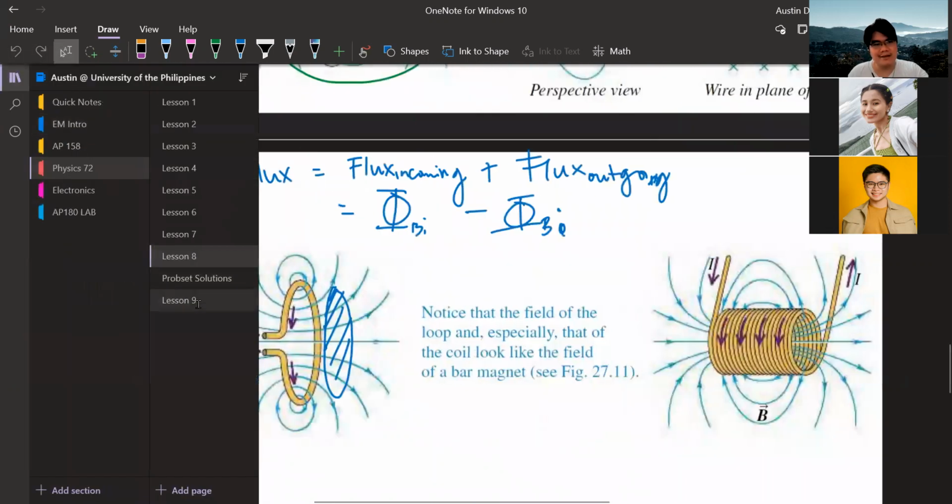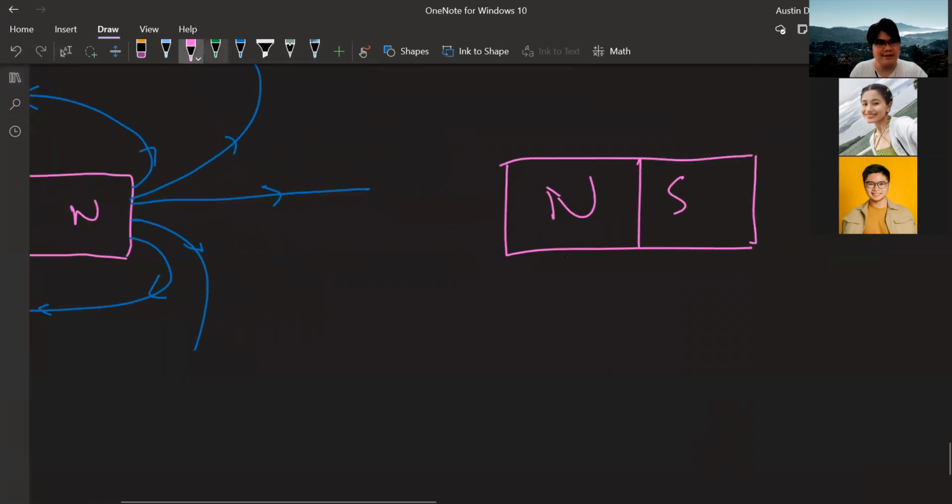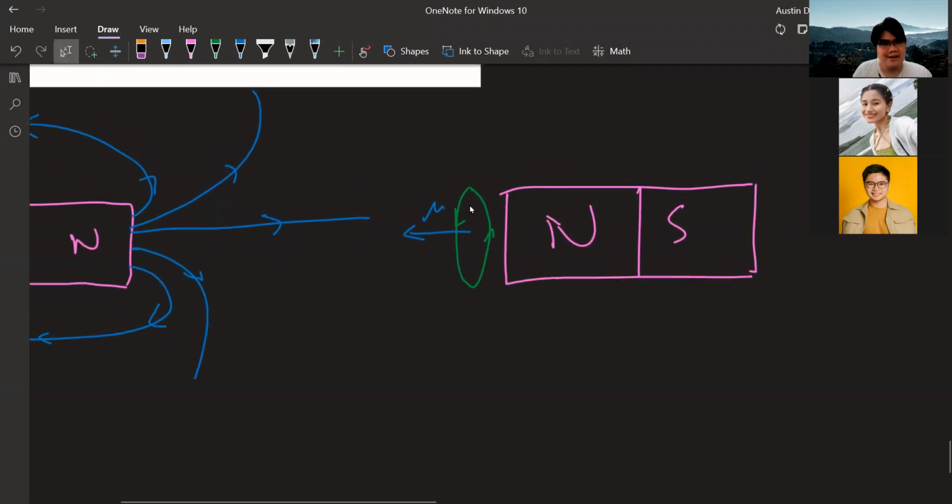Now, going back, I could model this magnet as some current loop. Maraming current loop yan, pero isa lang muna lagay natin. Some current loop with current going counterclockwise so that the magnetic moment is towards this. Okay? Gets naman kung bakit yan ganyan yung view, di ba? Right hand rule lang.